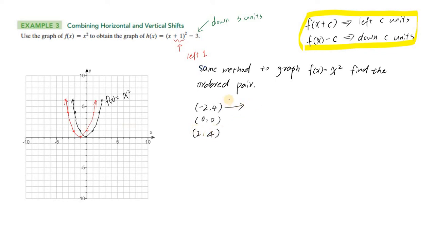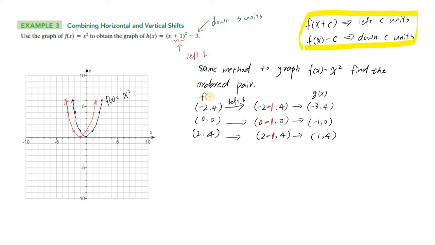What I did is left 1 unit, so all that is happening is subtracting 1 from the x. Everything else is the same. So let me just write it down. I just did it really quick. It's f of x, those are the couple points, and then since it's moving horizontally, I subtract 1 from all the x. And then create a g of x. So g of x, let me just use the red color.